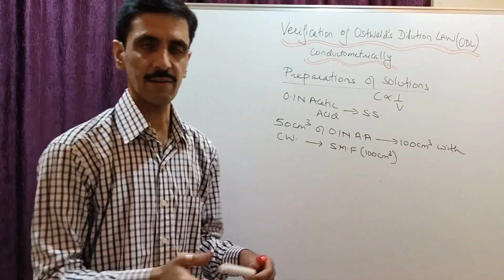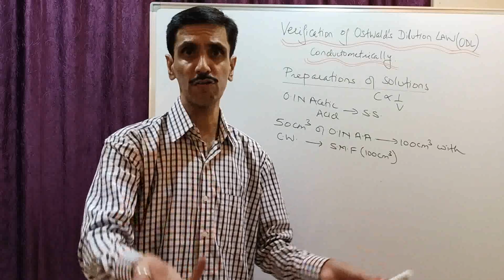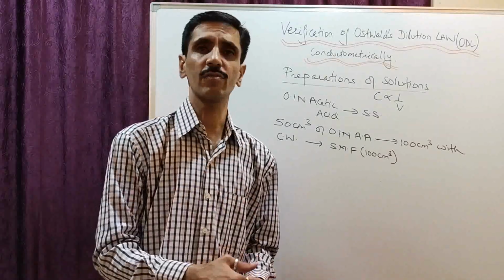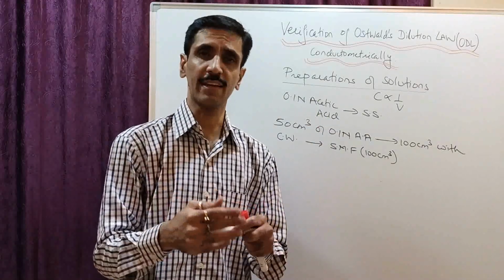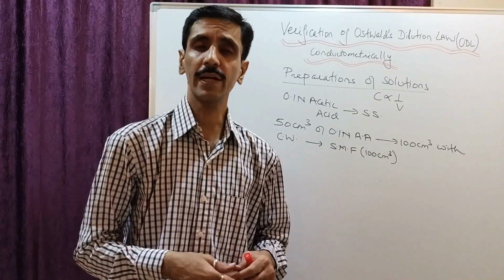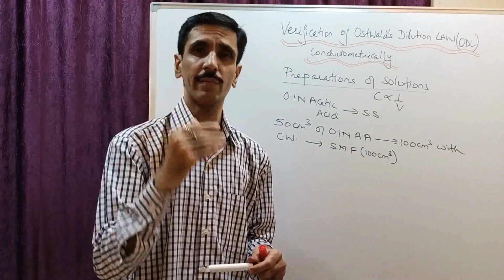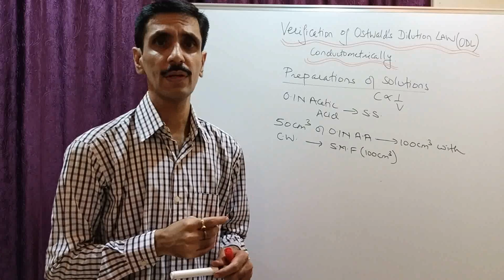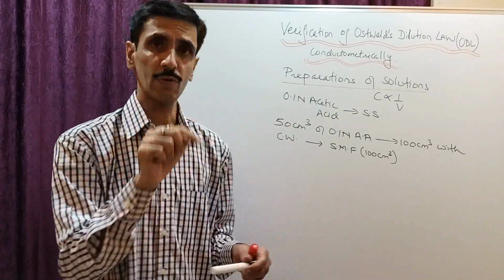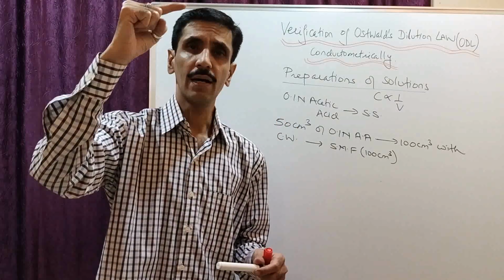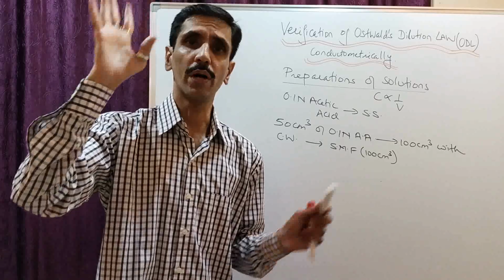You know what a standard measuring flask is, and you will also see it in the coming part of this video where I have demonstrated this experiment in the laboratory. So you need to make use of a 100 cm cube standard measuring flask. Put the 50 cm cube into that, and then add water up to the mark.